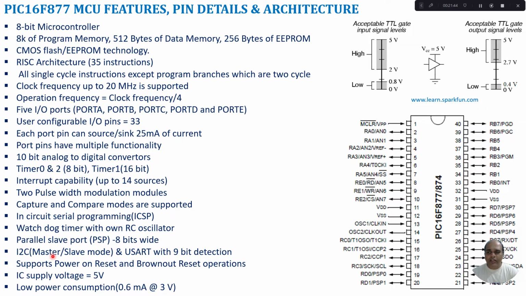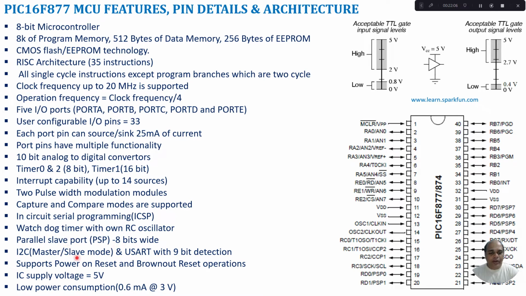SPI is the serial peripheral interface protocol; again, synchronous communication can be done with the help of SPI. USART is the universal synchronous asynchronous receiver transmitter, which can be used for communicating data between devices in a serial fashion.